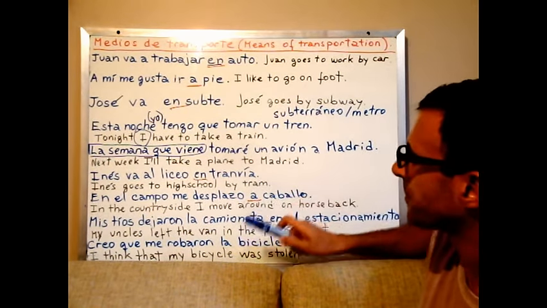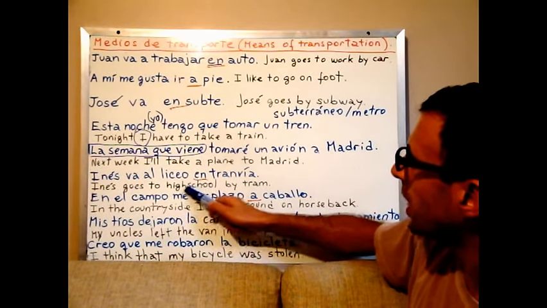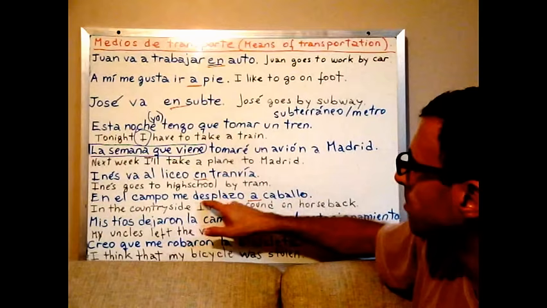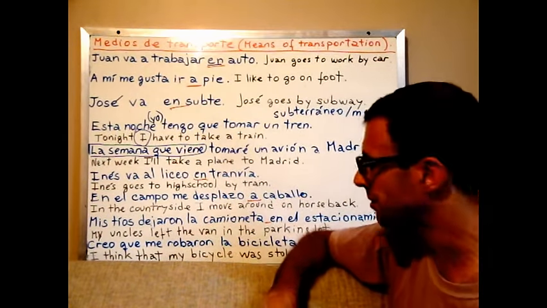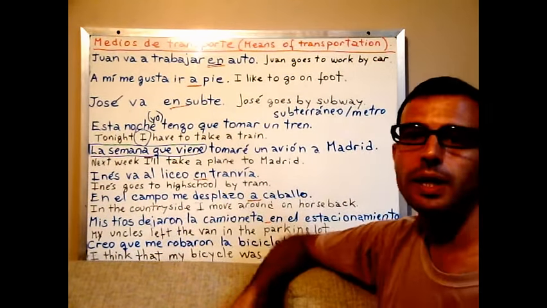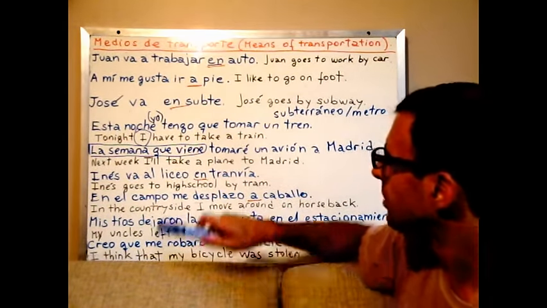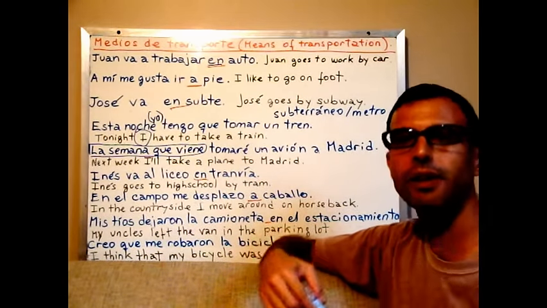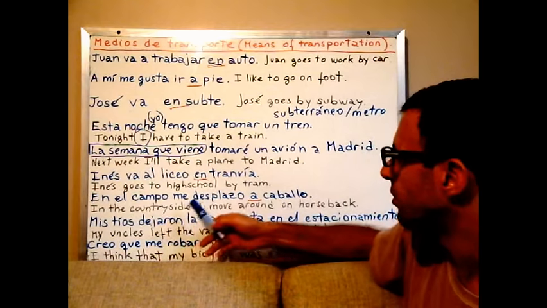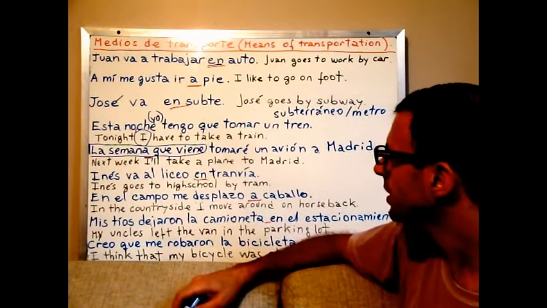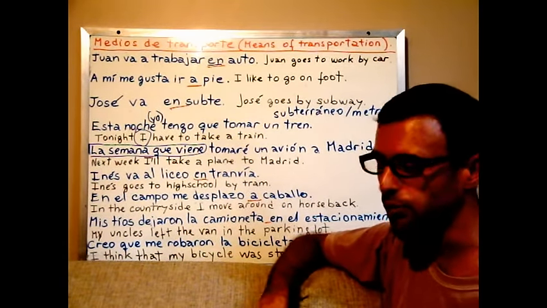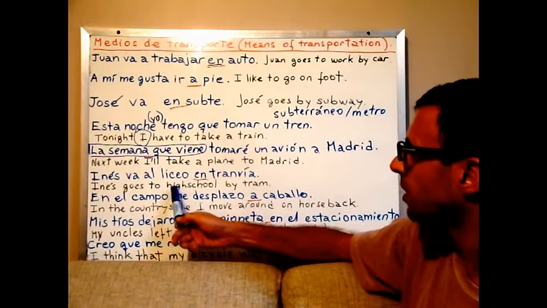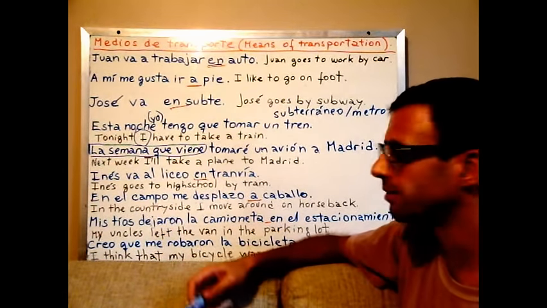Actually, you can see the word I, the pronoun, is already implied in desplazo as well. Me means myself, because in Spanish this is a reflexive verb. I move myself around. That's how you use this verb, unless you want to refer to moving something, an object. Then it's not reflexive, it's transitive.